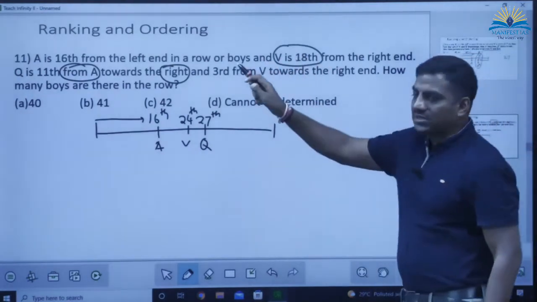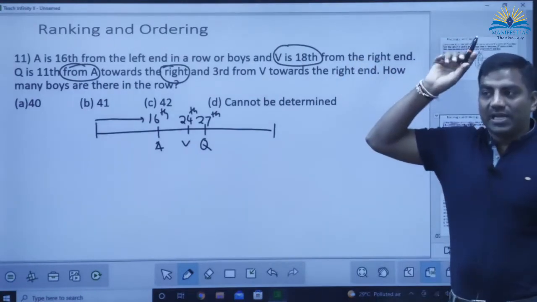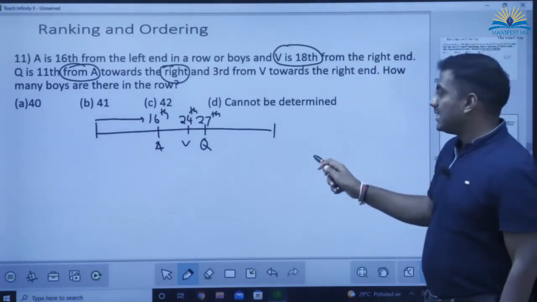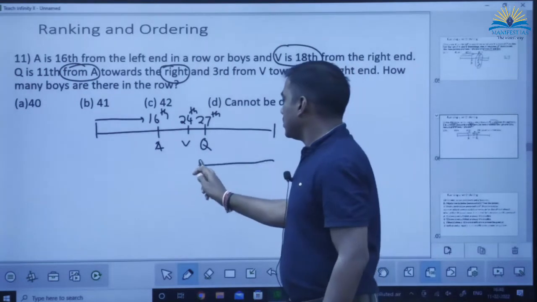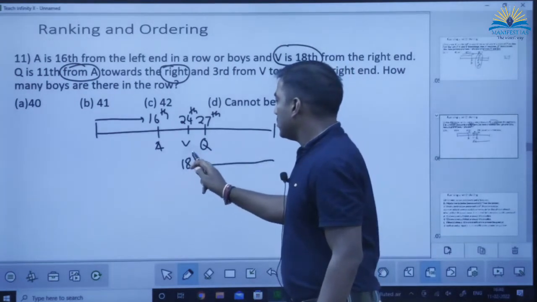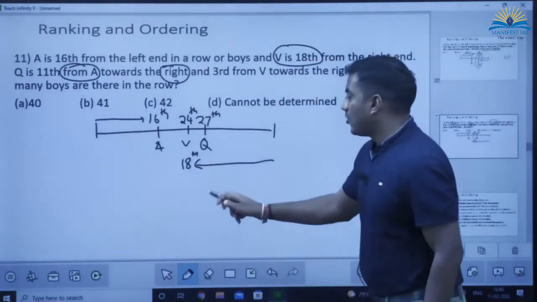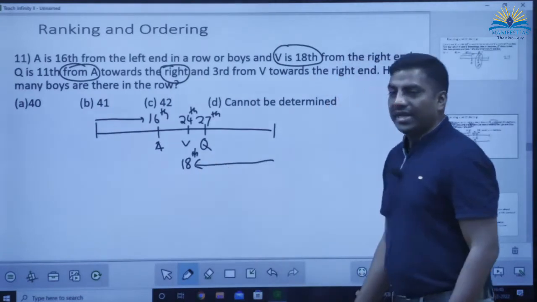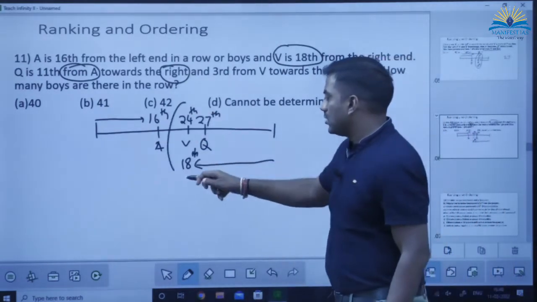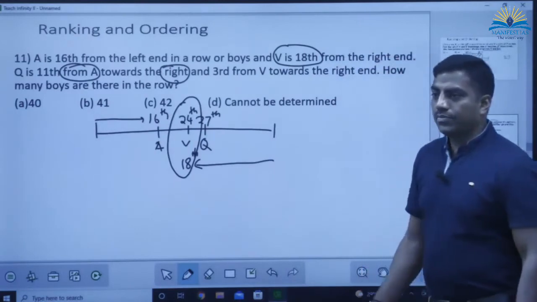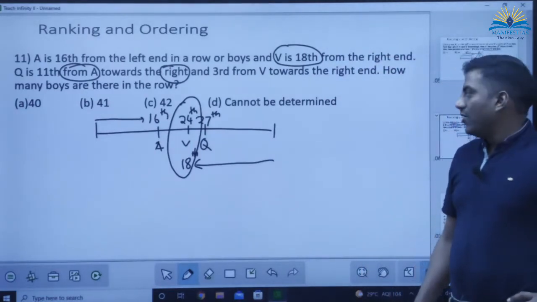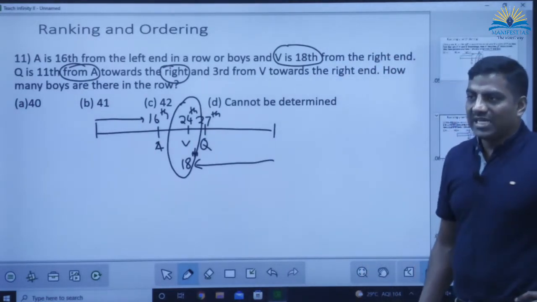Always we miss this because it does not make sense in the beginning. Only at the end it will make sense. So V is 18th from right. So V's position: 24 plus 18, 42, minus 1.